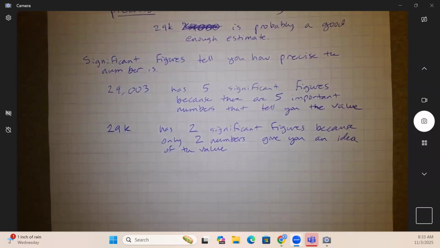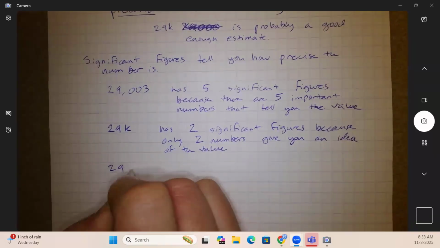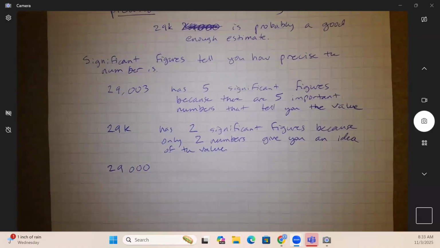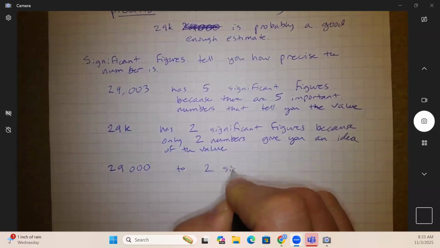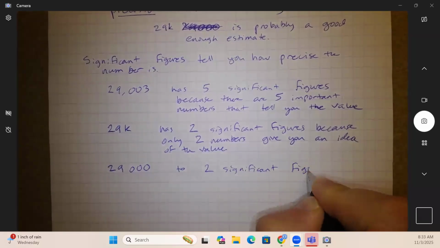So the way we write 29K as a full number with 2 significant digits is we say 29,000 to 2 significant figures.